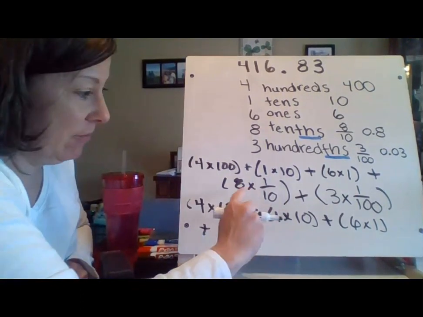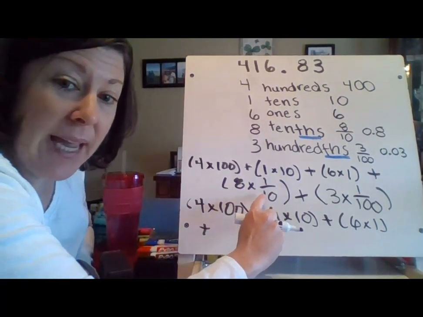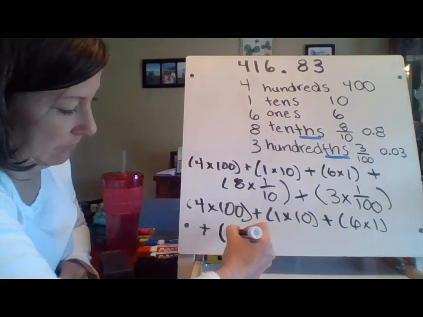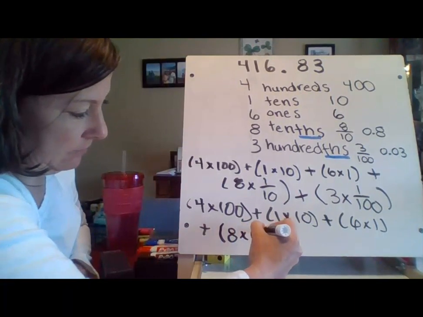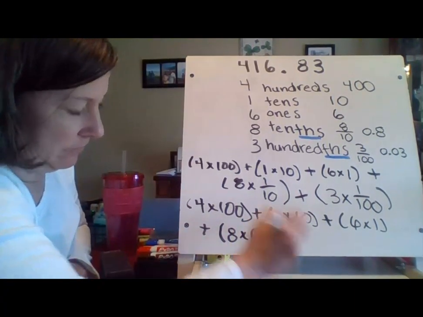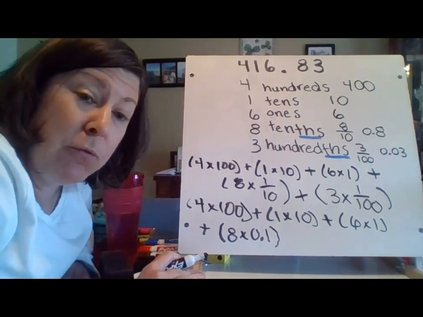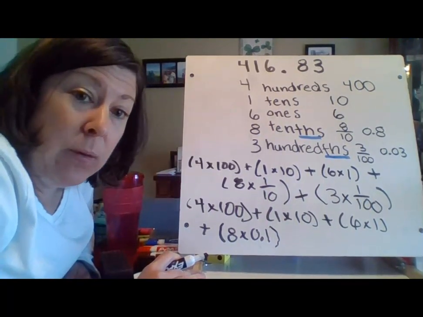So instead of 8 times 1/10 in fraction form, I'm going to do 8 times 1/10 in decimal form, 8 times 0.1.